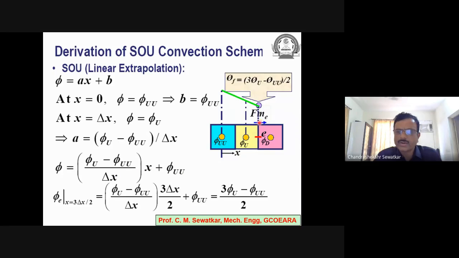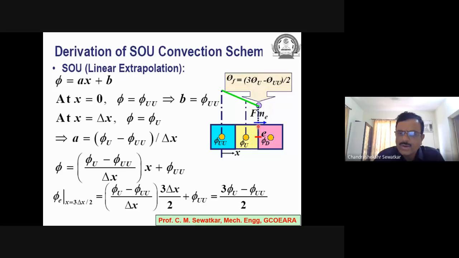Now I am interested in finding the value of phi at the east face, which is at a distance of delta x and half delta x, that is, at a distance of 3 by 2 delta x. So for phi e at x equal to 3 delta x by 2, I can replace x by 3 delta x by 2, and what I obtain is 3 phi u minus phi uu divided by 2 as the expression for phi e.